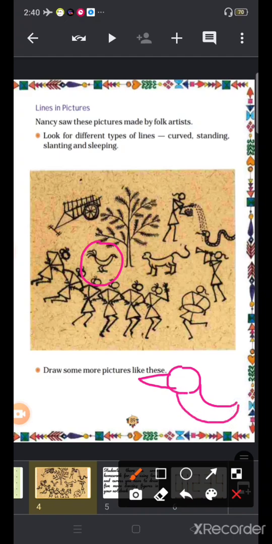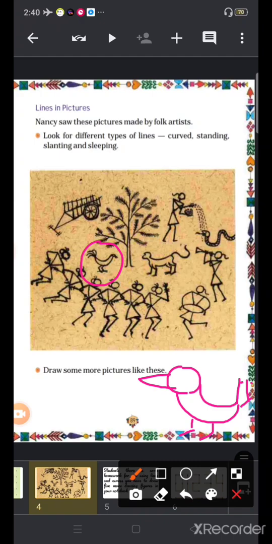Okay, like this, and down here for the feet we can make a standing line and a slanting line. Like this we can complete the figure, and here for the bird's tail we can use slanting lines. Okay, so by using different types of lines you also can make different types of figures or pictures.